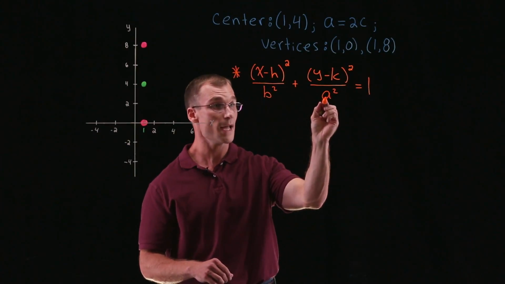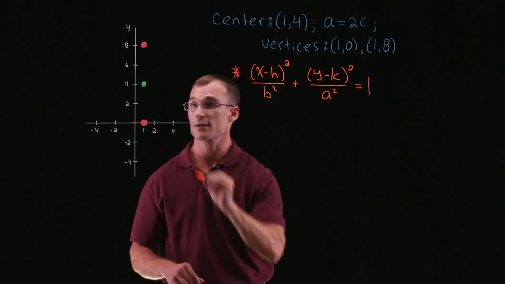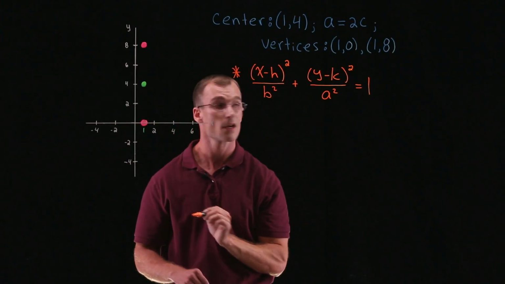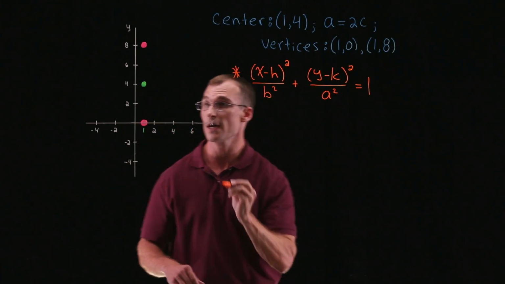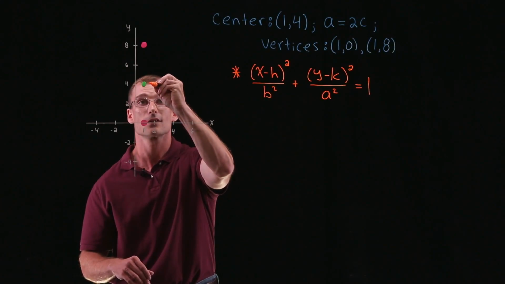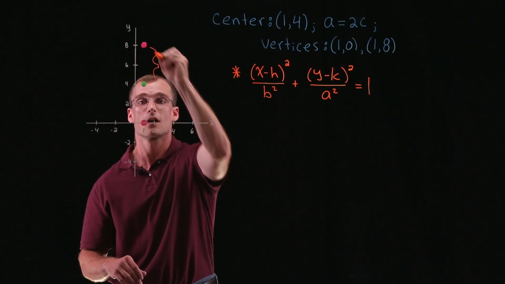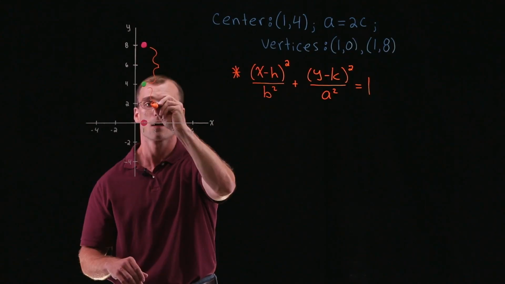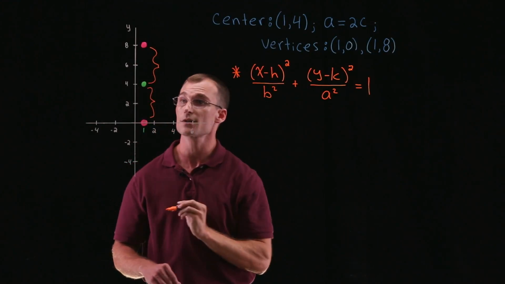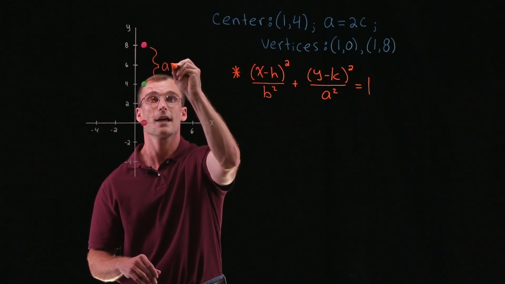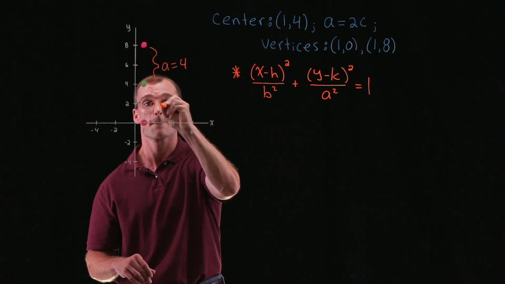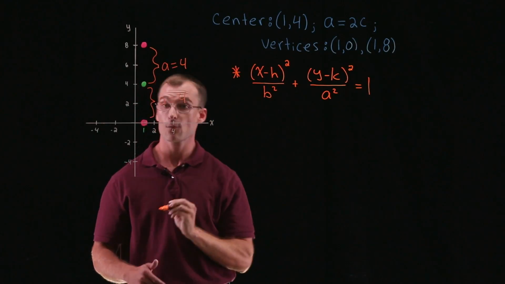Now, the a, again, is the distance along the major axis from the center out to the vertices. So this a we can get right away just by looking at the distance from our center out to our vertices, which we see as a is equal to 4. So we have one of the numbers.